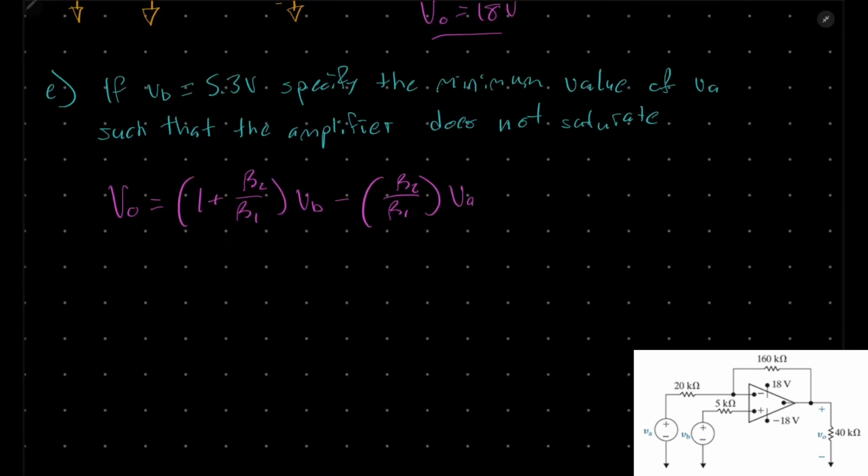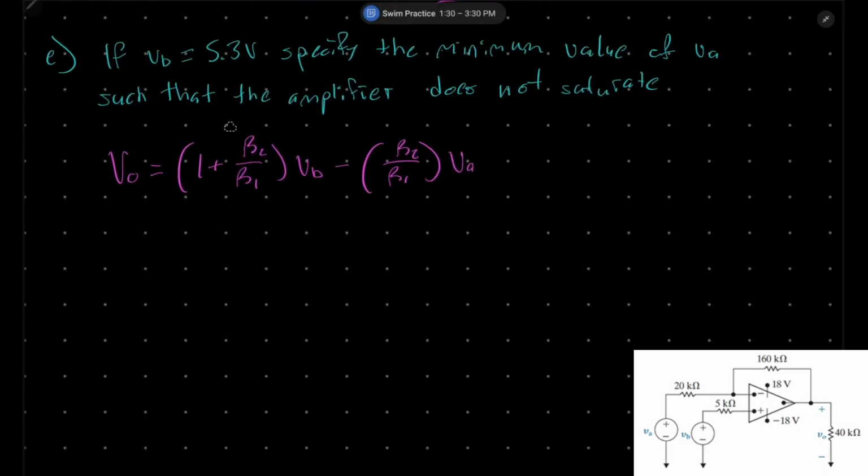So I'm going to plug in all of our known values. This V out is going to be negative 18, since that is the minimum value that we can get.